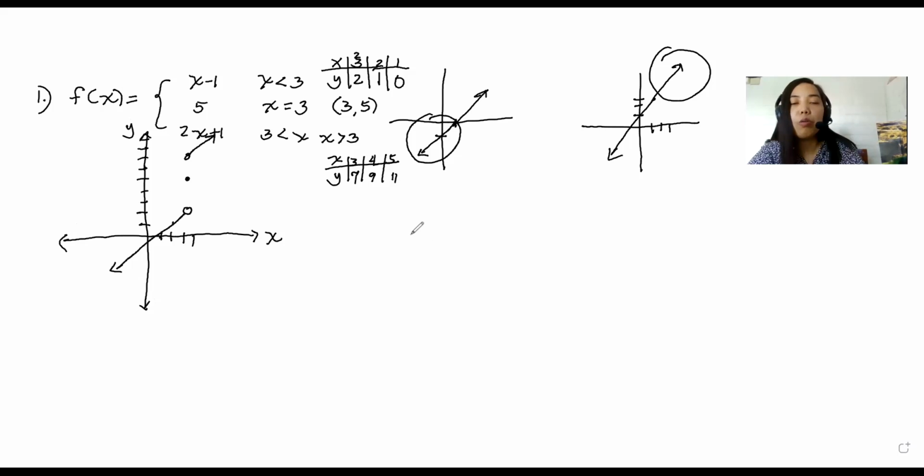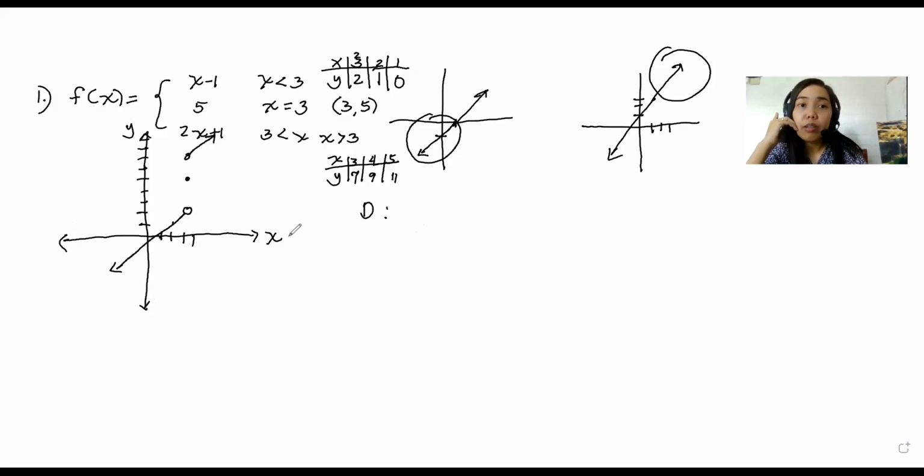So how are we going to find the domain? When we look at this graph, the first equation, x minus 1 if x is less than 3, the domain, again, is the x values. When we check the x values, it is open at 3, going down.